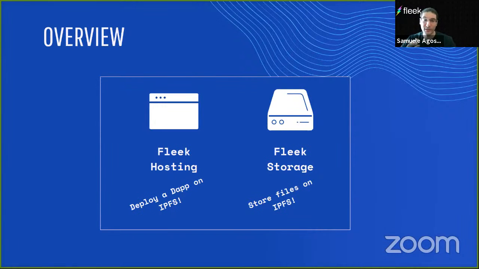And that's where you can use Fleek to deploy your application. And it's all done on IPFS. The second product that we're also going to cover is Fleek Storage. Of course, IPFS is a file storage system. And there are some interesting applications that we can do using non-fungible tokens, for example. So I'm going to also cover that in the presentation.